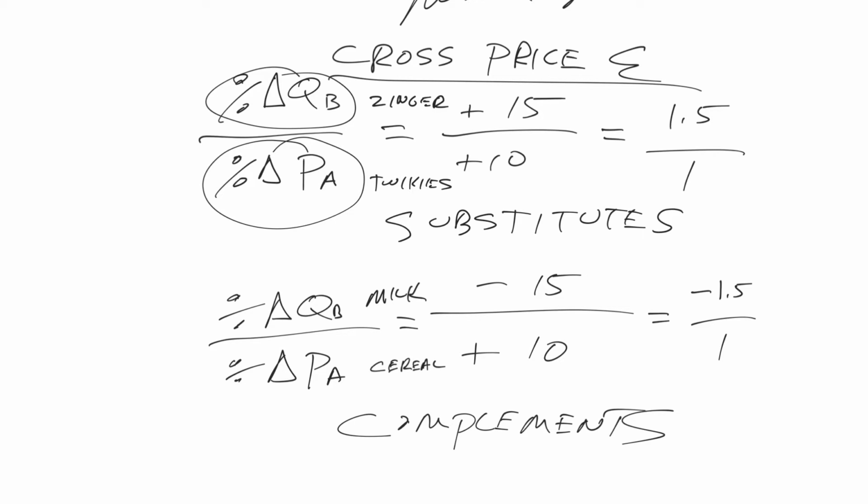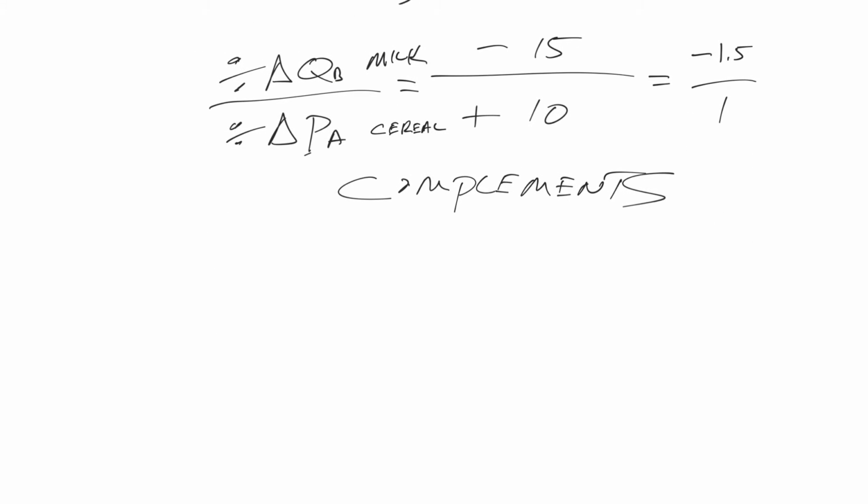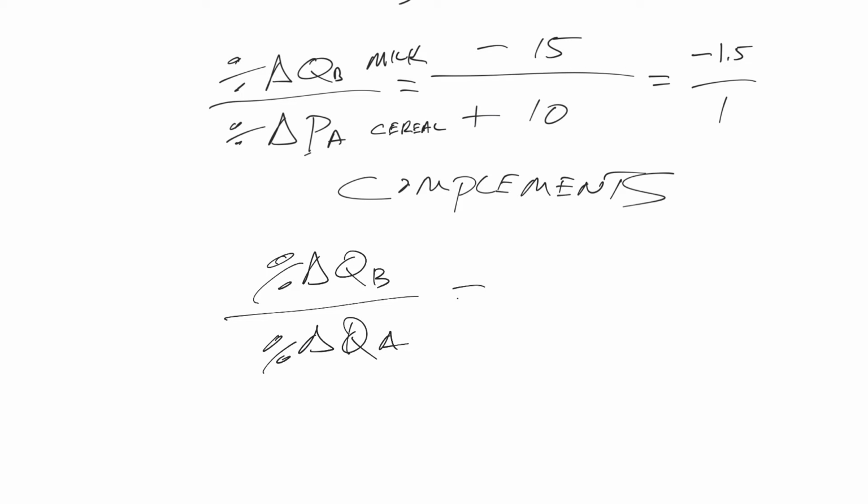We've got the price or income, price of one of the goods, and then the quantity of another related good. And let's say that is 0. What does that mean? Well, it means they're completely unrelated, okay?